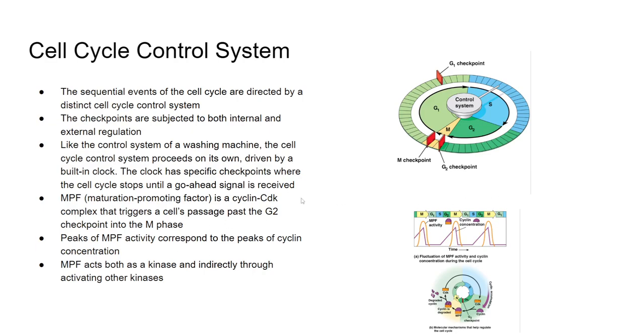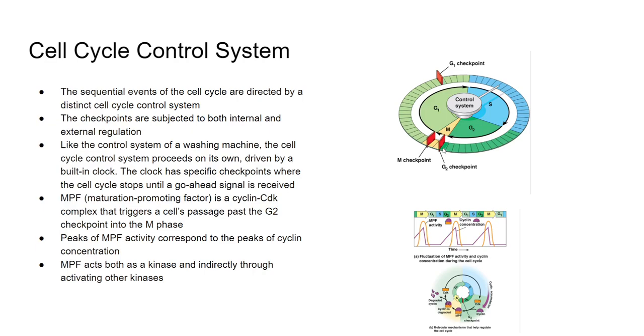One example of a checkpoint is the maturation promoting factor, which is basically the G2 checkpoint into the M phase. So we see this cell getting to the G2 checkpoint here, and the maturation promoting factor, which is just the concentration of cyclin, is what lets the G2 cell get past the G2 checkpoint.